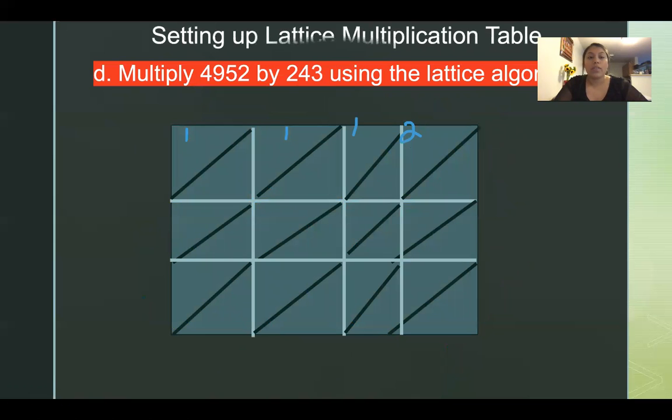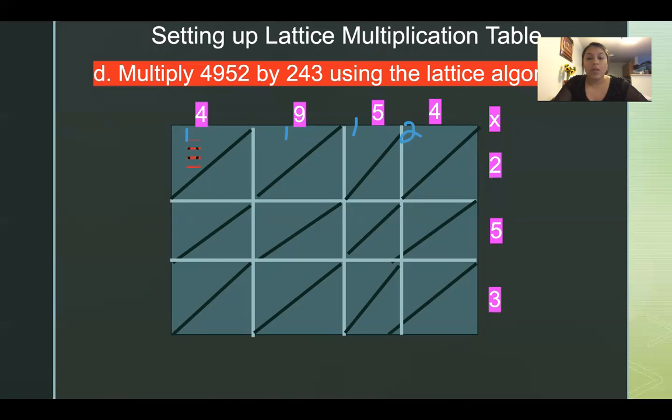Now, we are given the last problem to multiply 4,952 by 243. So we place our 4, our 9, our 5, and 2, our X, our 2, our 4, and our 3.